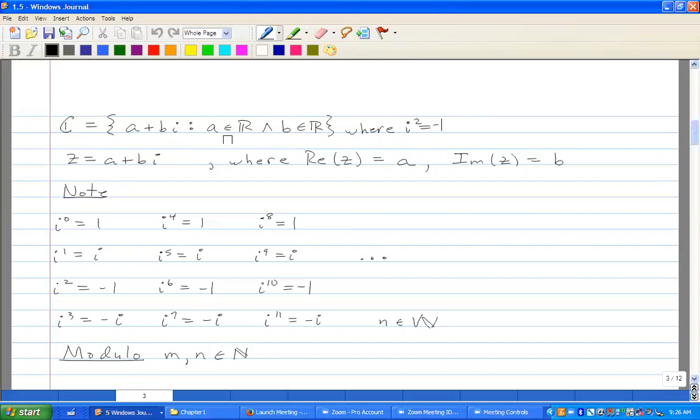We call a the real part of z, and we denote it by Re(z), that's a. And we call b the imaginary part of z. Notice that both a and b are real numbers. I should probably have said that. So even the imaginary part is a real number.